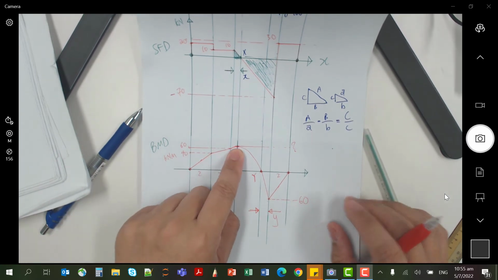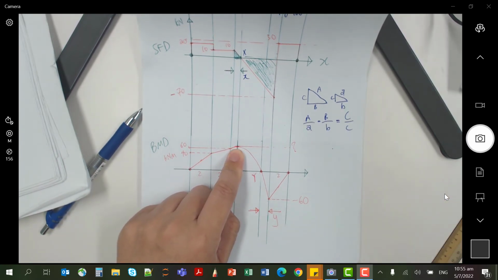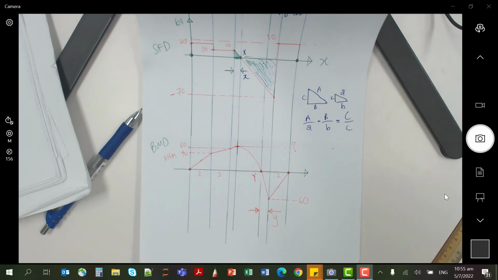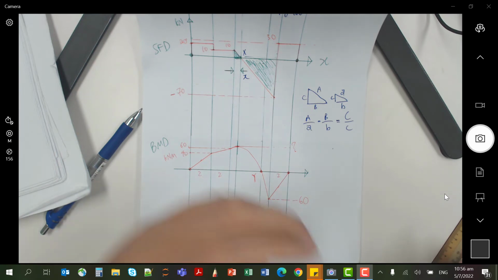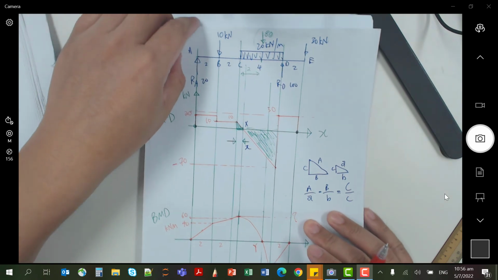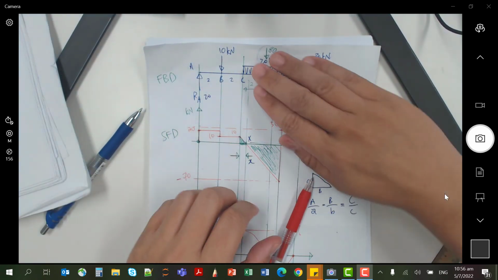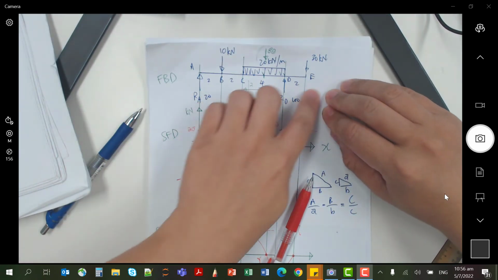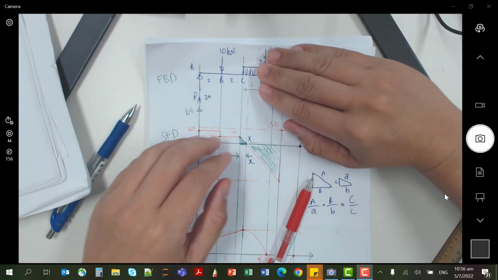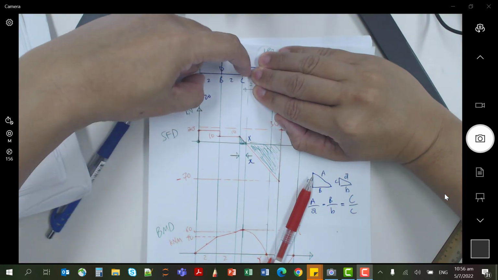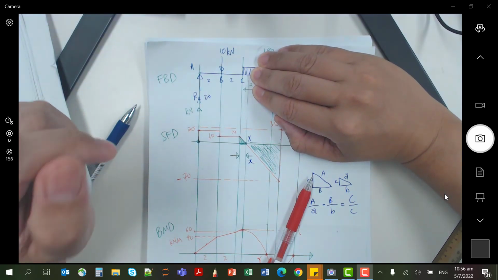Let's first solve the peak first. What is the highest point over here? Remember I said back in the static equilibrium video that when the whole system is in equilibrium, if you cut any section out, that section will also be in equilibrium.